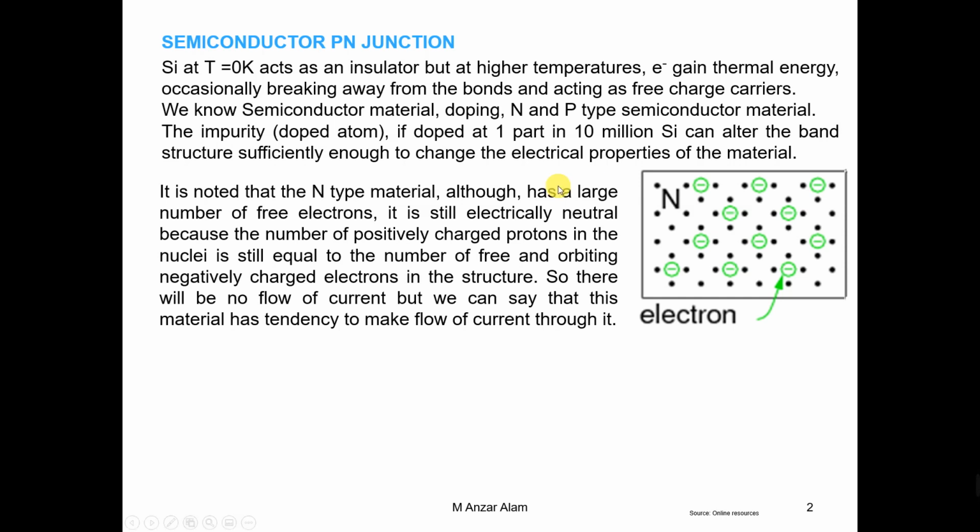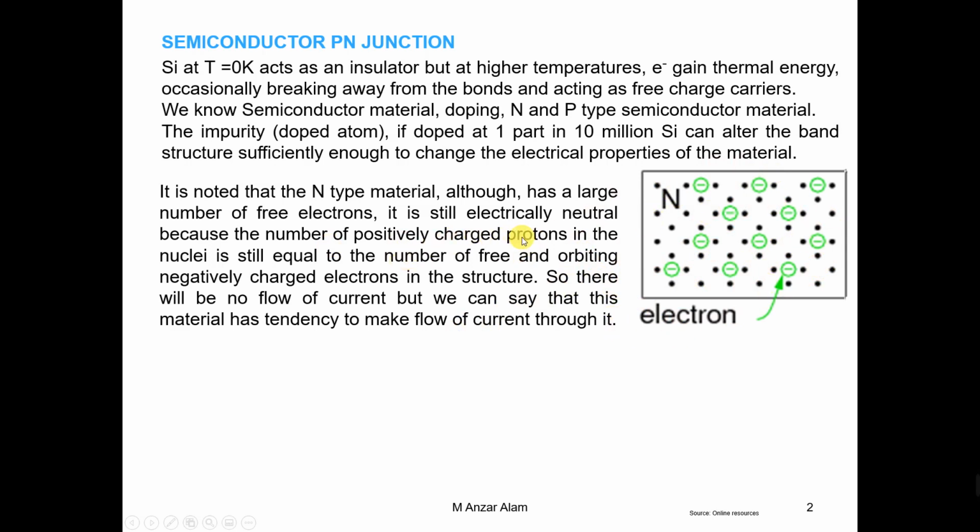Hopefully you understand. So it is noted that N-type material, although it has a large number of free electrons, is still electrically neutral. Why is it neutral? Because we have the negative charge of the electrons, but at the same time we have positive charge on the nucleus. So it is electrically neutral. No current can flow from here to here.